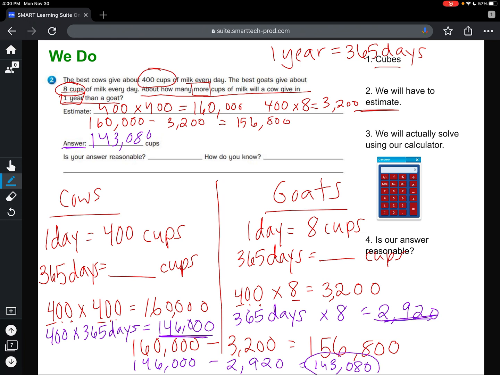Is our answer reasonable? We're comparing these two numbers. Yes. How do we know?